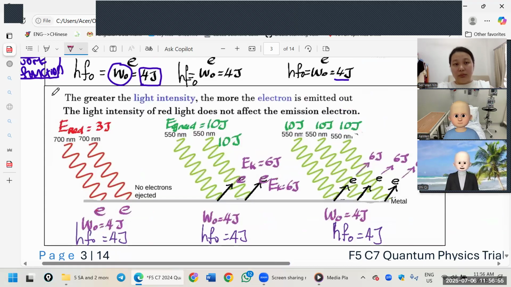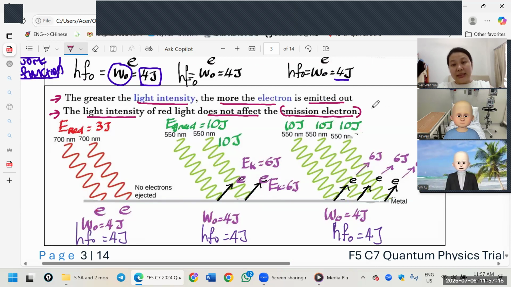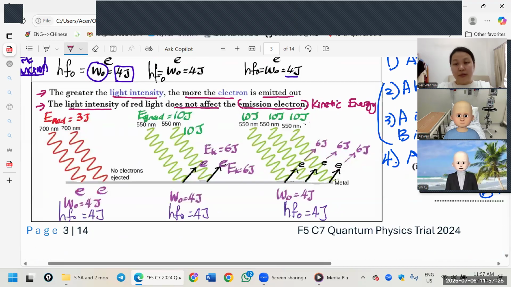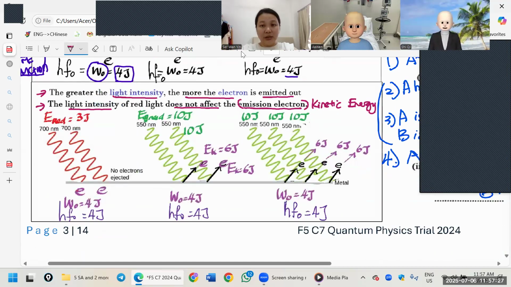So now, here got two sentences. One is the greater the light intensity, the more electron is emitted out. But the light intensity does not affect the kinetic energy.